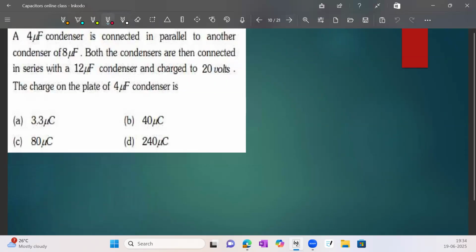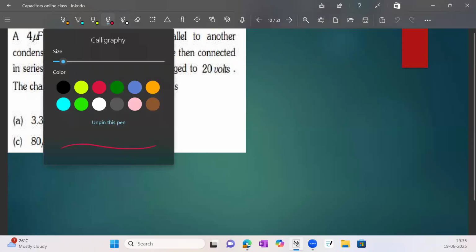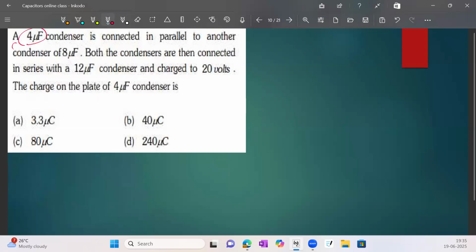A 4 microfarad capacitor connected in parallel to another. Take this as C1 and this as C2.